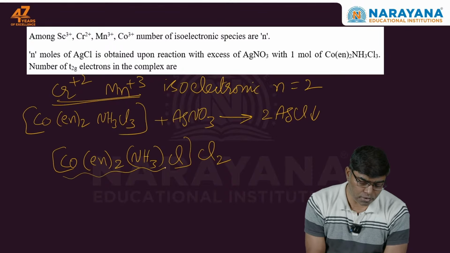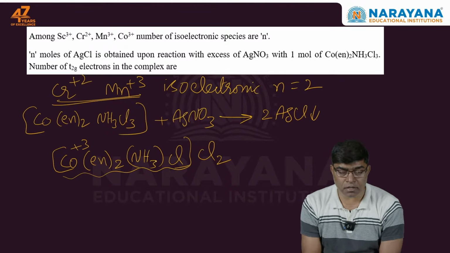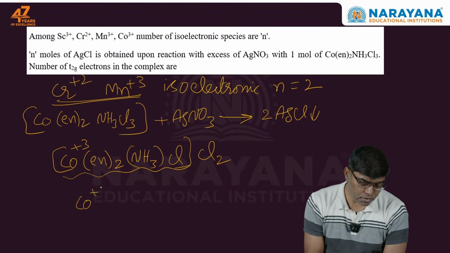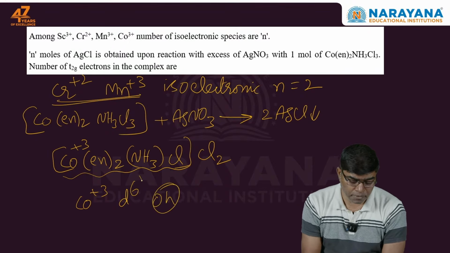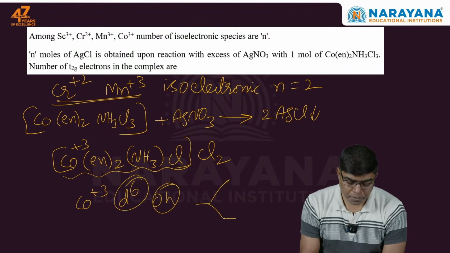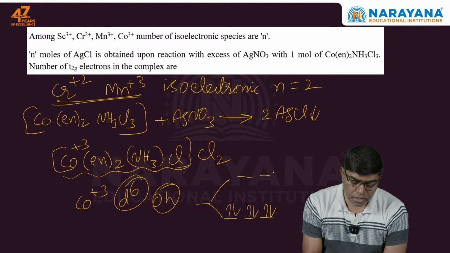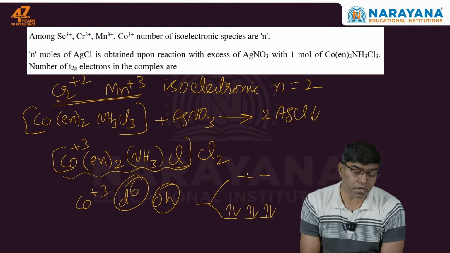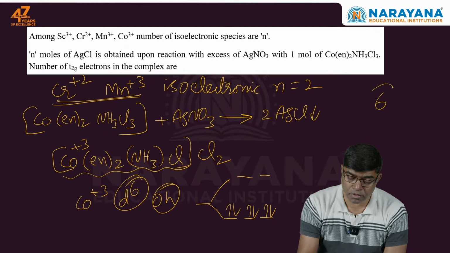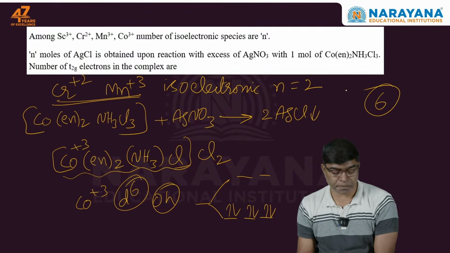Now this is a Co plus 3 complex with strong field ligands, en and ammonia. So Co plus 3 is d6, and a strong field octahedral complex, and so this has to be t2g6 and eg0, and we are asked to calculate the number of t2g electrons, and therefore for this question 6 must be the right answer.